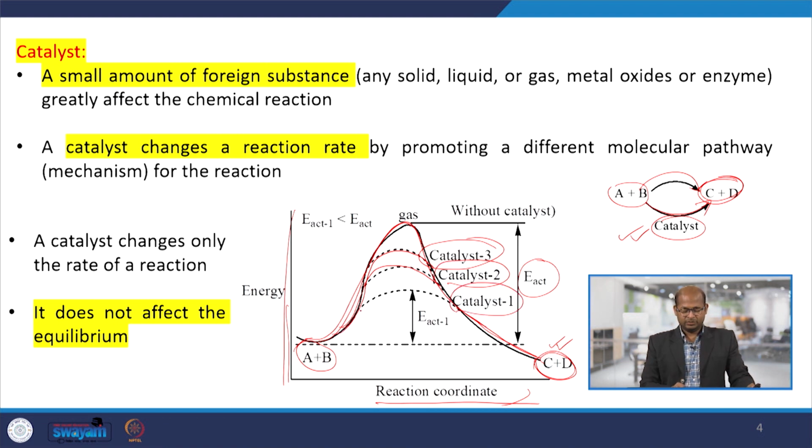Here the activation energy is this, here it is this, and here it is this. So the activation energy without catalyst is E, and by using catalyst it is lower than that. In that way the catalyst helps to lower the reaction temperature and the activation energy, which eases the conversion of reactant to product.